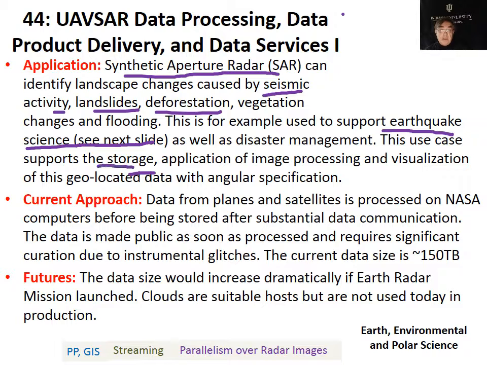Remember, we discussed that a bit under pathology. You have to take all your spatial data and store it in a way you can recover it, so you can actually search by region. You need to do image processing on the image, and you need to visualize it in some variant of a GIS system. And this data either comes from satellites or planes. And there's lots of communication, of course, between the plane and the satellite and where it's processed.